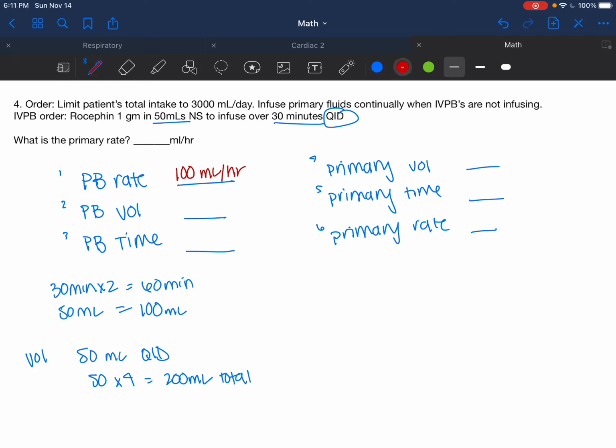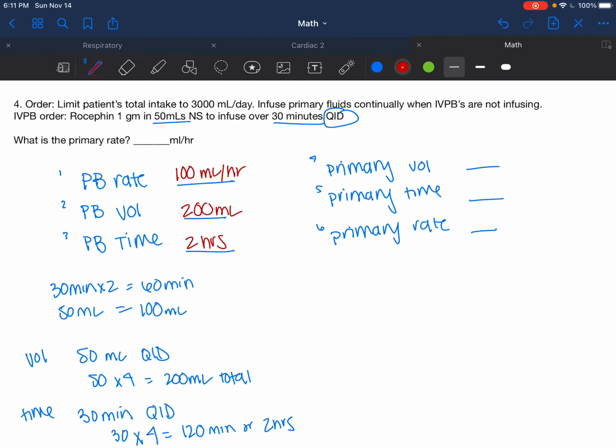That's going to be our piggyback volume. Then we're going to figure out our piggyback time. It's the same concept as with volume. The total time for each infusion is 30 minutes, but it's QID, so we're going to do 30 times 4. That gives us 120 minutes or 2 hours.